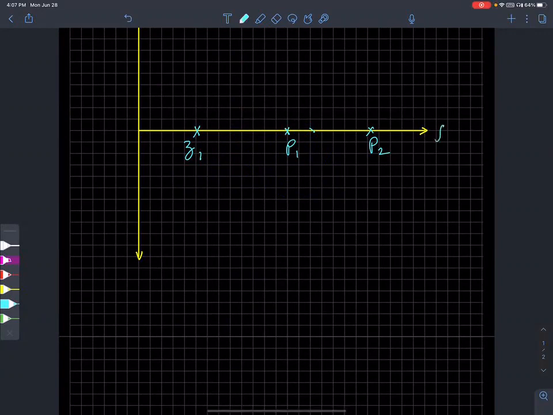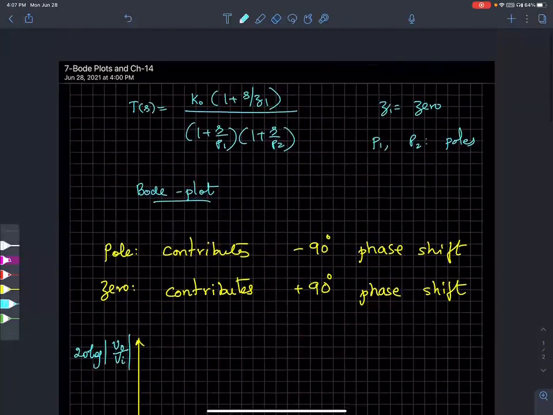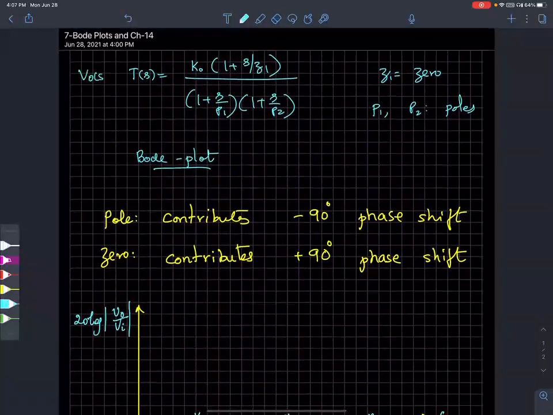So when you're plotting on a log scale, this is a logarithmic scale, the x-axis, and the y-axis is 20 log of the transfer function gain. This is V out over V in of S, that's the transfer function.